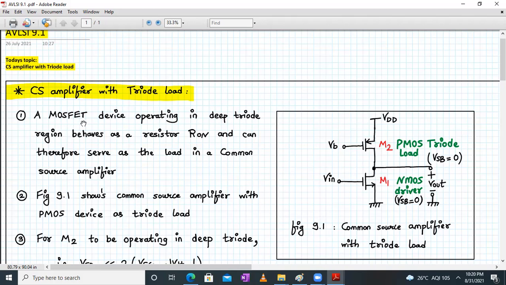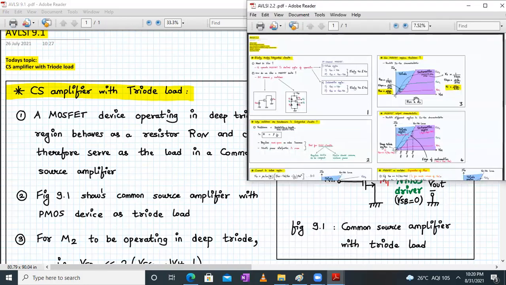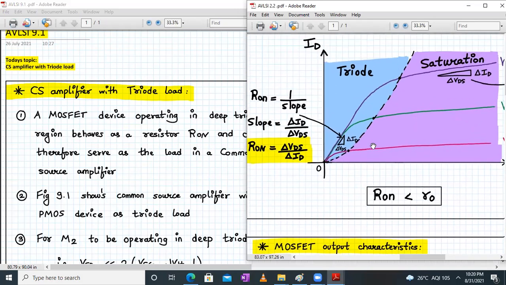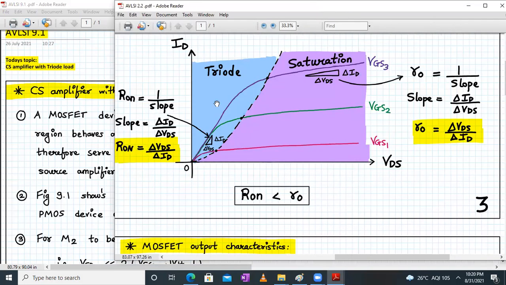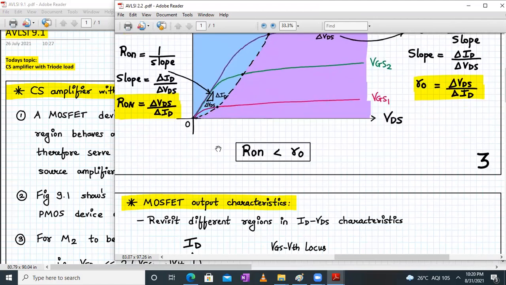So we know that a MOSFET device operating in the triode region can behave as a resistor R on, which we have already covered in lecture number 2.2. Let us revise that fact. Here were the characteristics wherein we can say that your MOSFET can replace resistors.